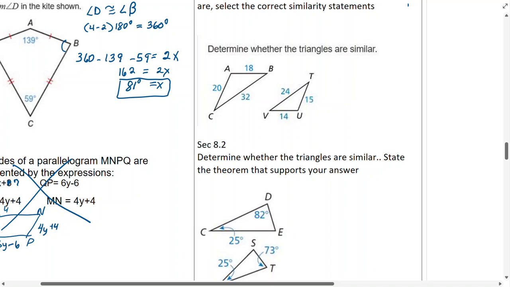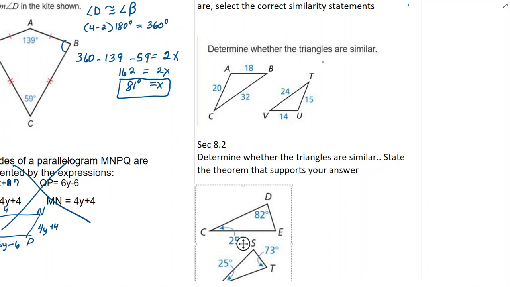So here we are with similarity. Now, similarity is saying that the proportions are the same. So we're going to start with CB is to VT, the longest. And we're going to say that's 32 is to 24.